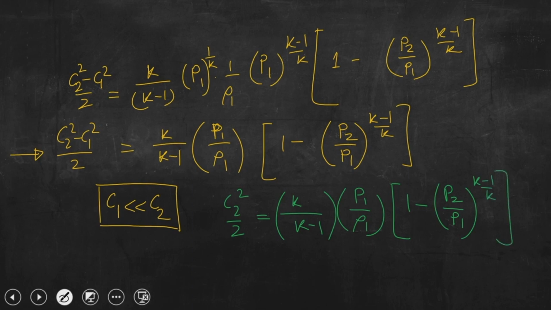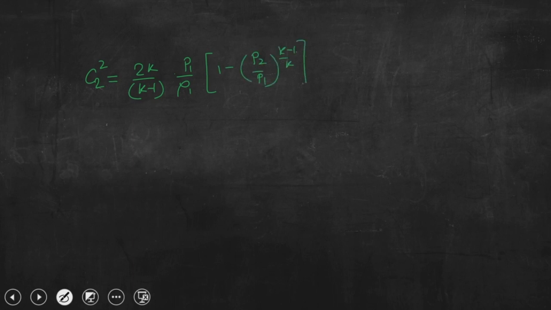So, this is the expression. If we go one step further, we can write what would be the velocity C2. So, C2 square equal to 2k by k minus 1 into P1 by rho 1 into 1 minus P2 by P1 to the power k minus 1 upon k.